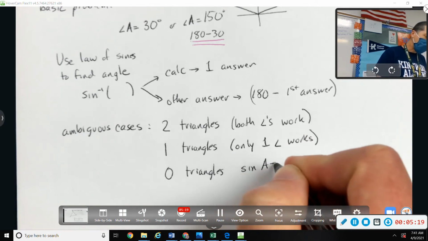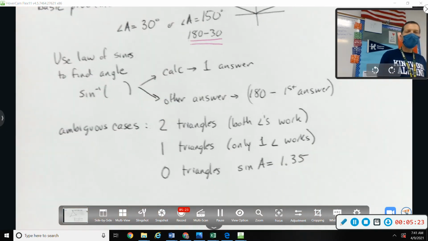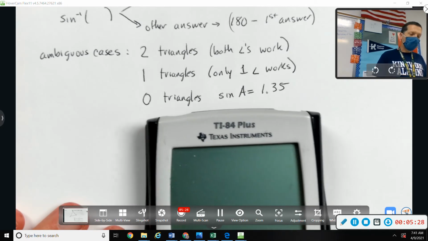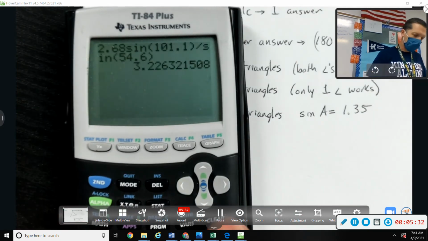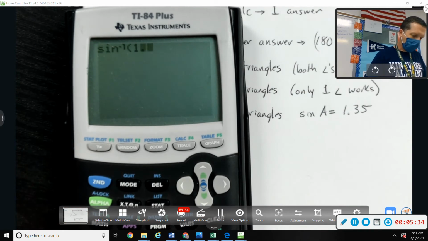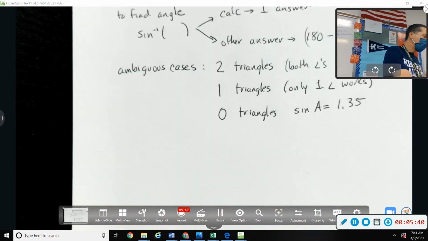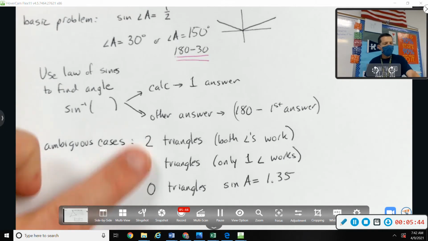That happens if you get the sine of A equals something greater than 1. Right? The sine is always between -1 and 1. You don't have to remember that because when you type it into the calculator, inverse sine 1.35 doesn't work. So the good news is you don't have to know ahead of time which case you have.